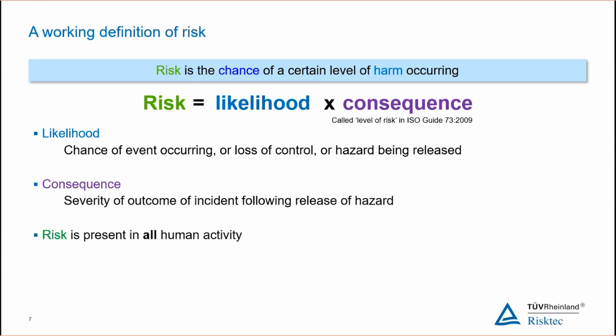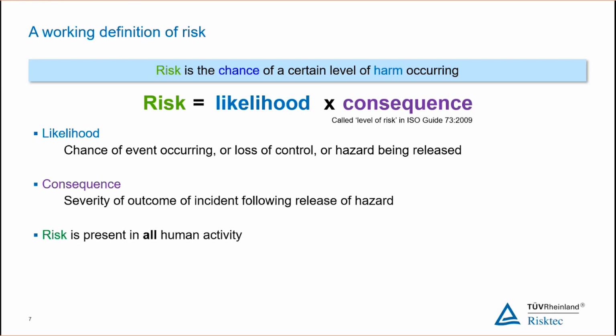Now, risk is present in everything that we do, in our leisure activities and in our industrial activities. The important thing is that we understand the risks that we face, how likely it is that those risks can be released, and the potential outcomes. So we have a good appreciation of what we are responsible for managing, and can make sure we have suitable and sufficient controls in place to manage those risks.